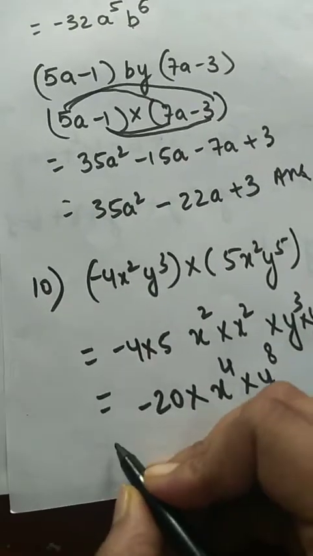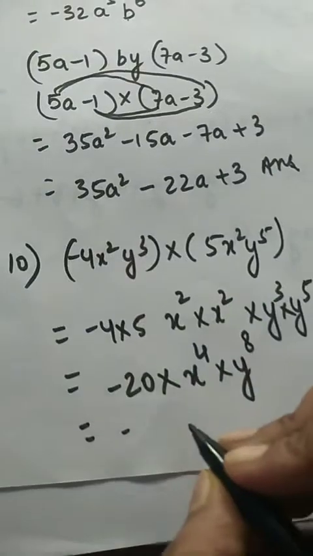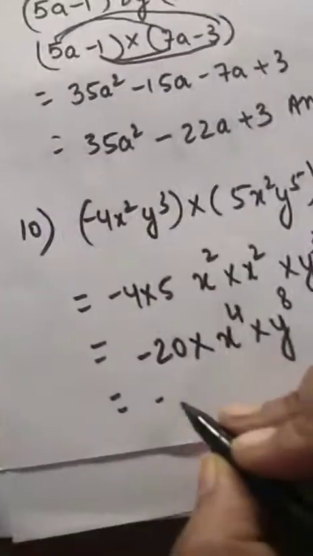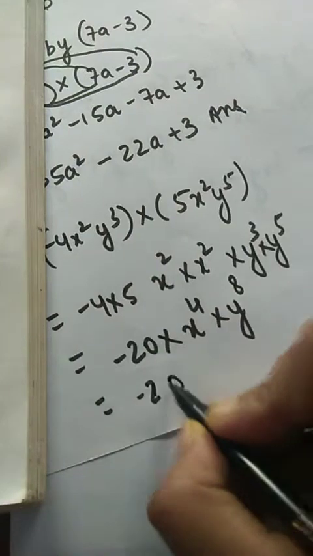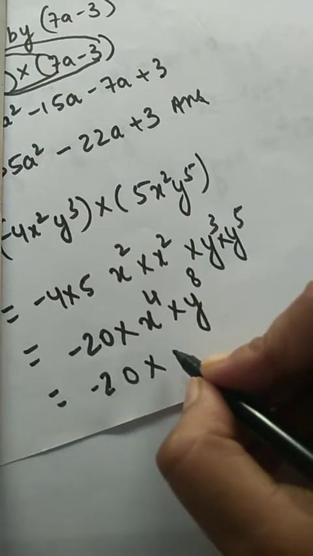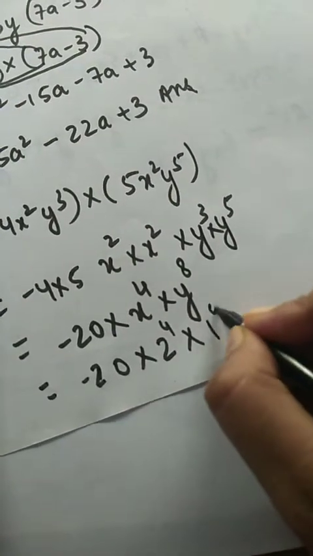Now here in the question some more information is given. It is given that the value of x is 2 and the value of y is 1. So we will write the value of x as 2, so 2 power 4, and the value of y is given as 1.